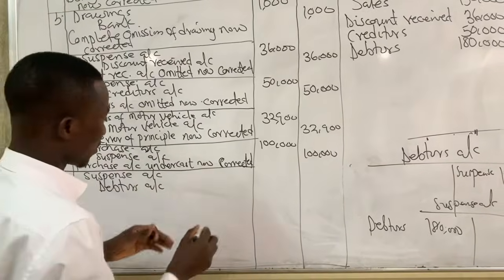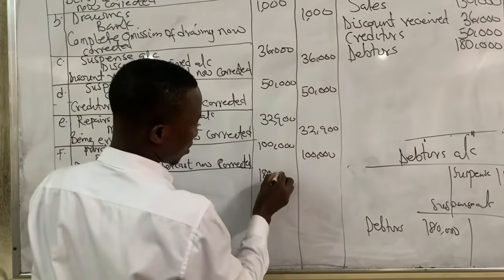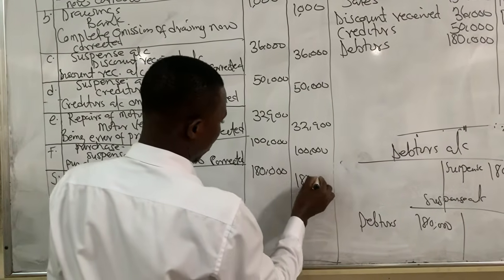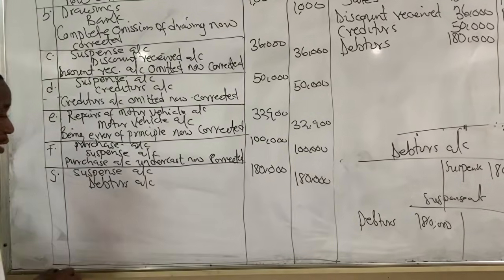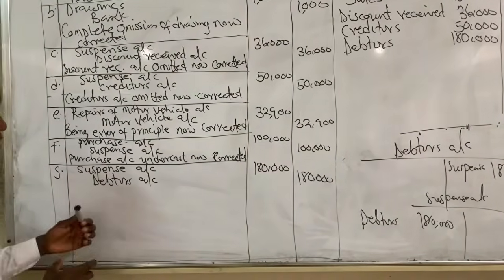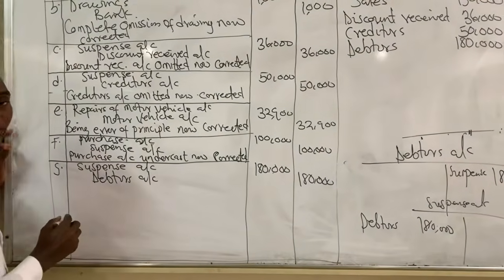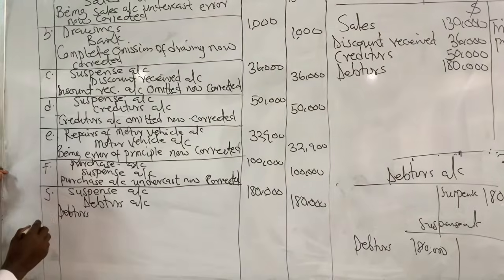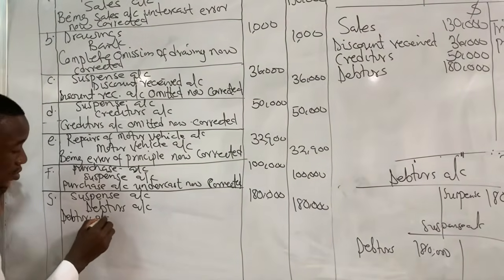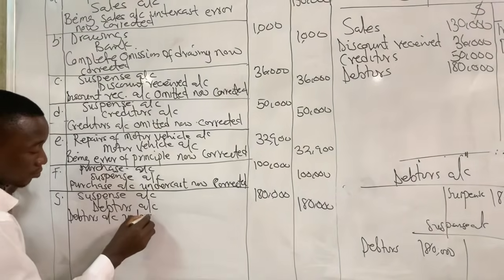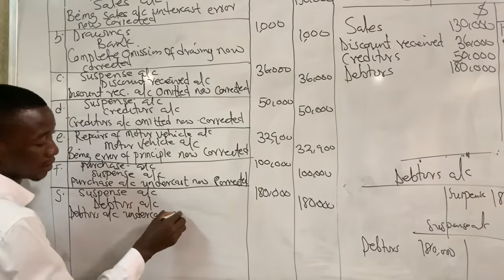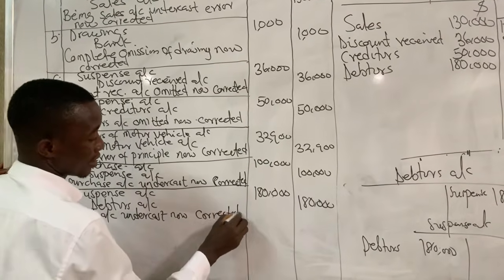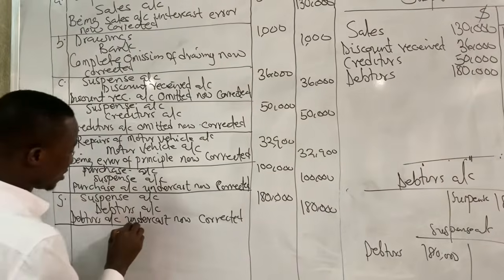The amount is $180,000. Then we do the narration: this is undercast of debtors account. Now corrected. The error is now corrected. We've corrected it successfully. Then we underline it neatly.